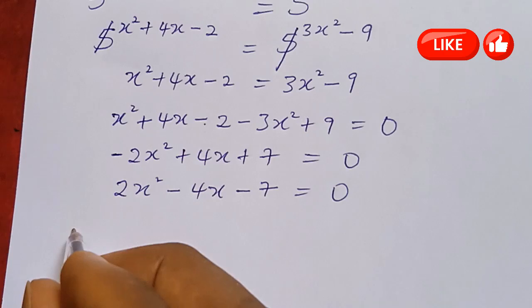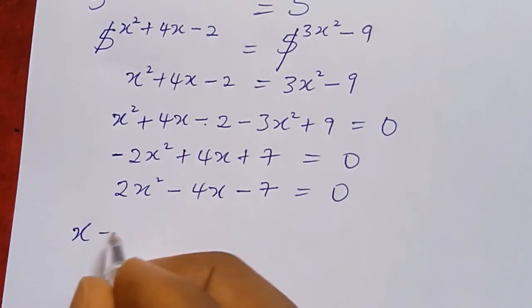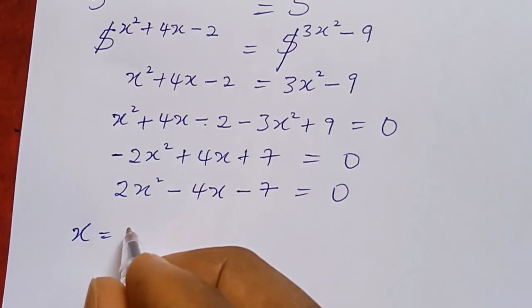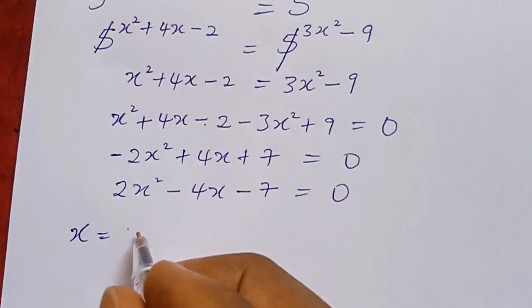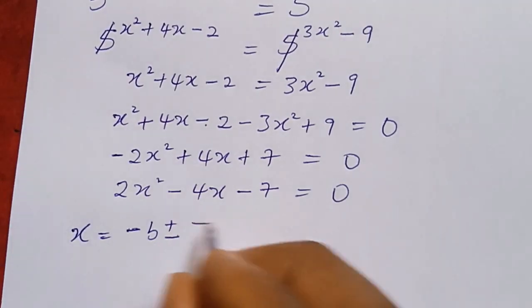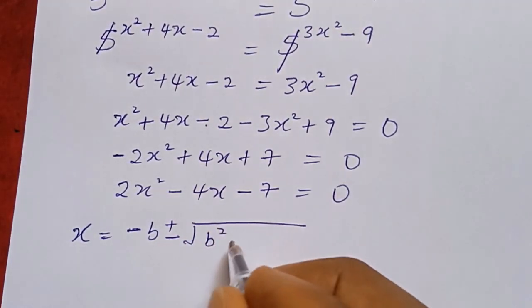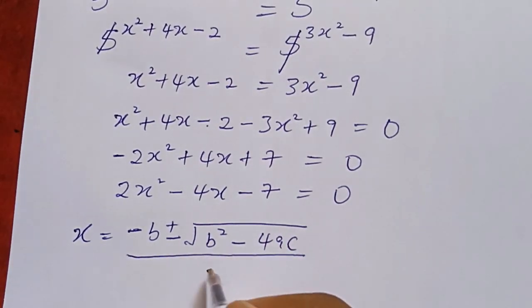So to solve for x, let's give out the quadratic formula first. x equals minus b plus or minus square root of b squared minus 4ac over 2a.